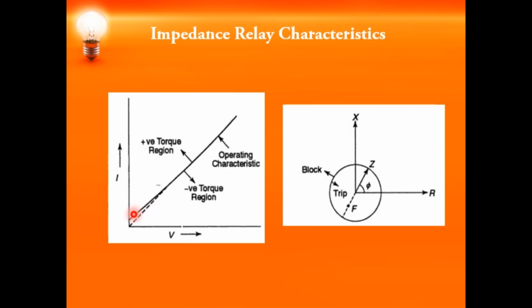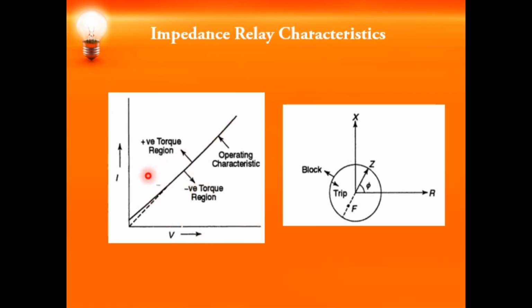Near the origin, the solid line is bent, which indicates the characteristics of electromagnetic relays. That bend is due to the effect of the control spring, seen only in electromagnetic type relays. Otherwise the characteristic will be a straight line.